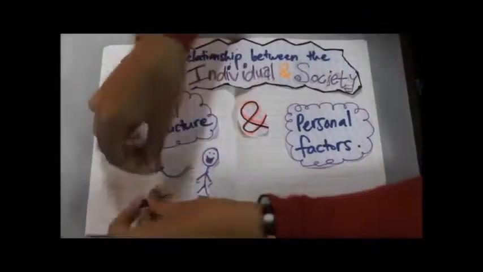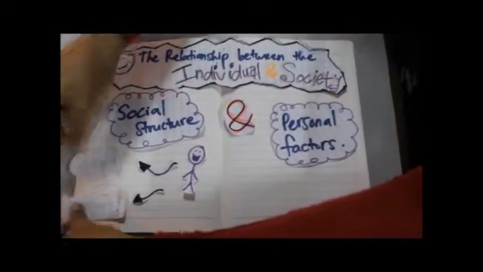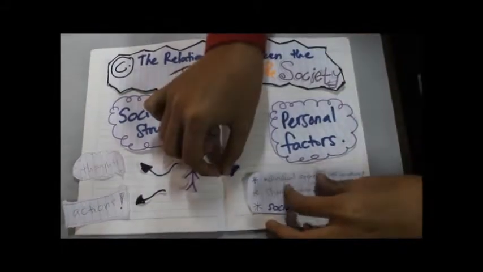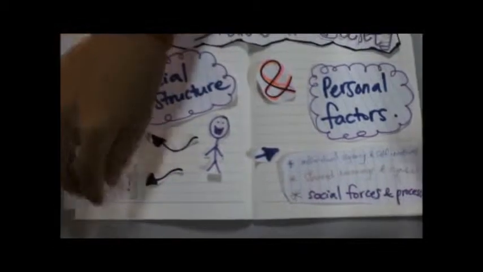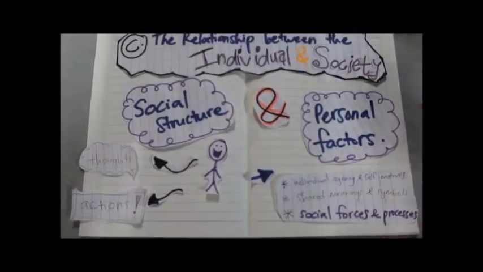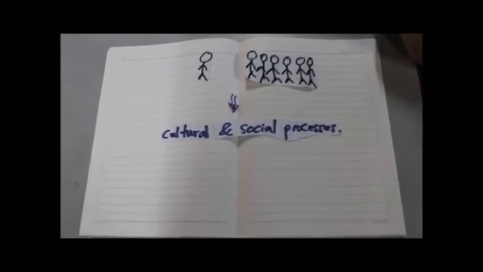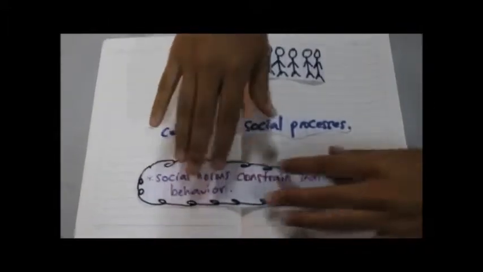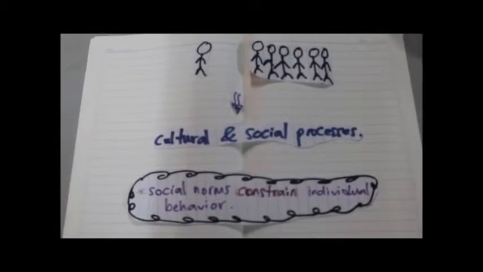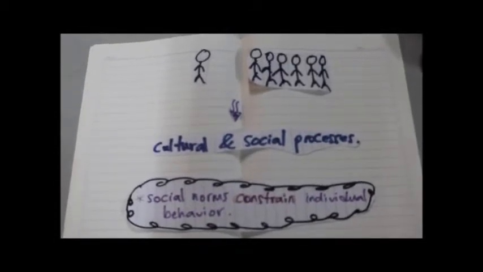Individuals are influenced in their thoughts and actions by social forces and processes, shared meanings and symbols, and by individual agency and self-motives. People and groups are influenced by cultural and social processes. This assumption recognizes that social norms constrain individual behavior.